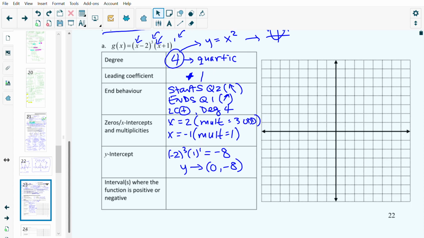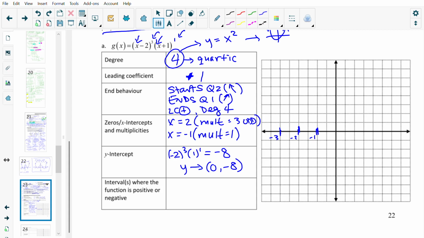Intervals where the function is positive or negative. Okay, let's graph this, then it'll help us visually see where this happens. Okay, so we said we have zeros at -1. So I'm going to do this for a little bit more scale. Every 2 ticks is 1.